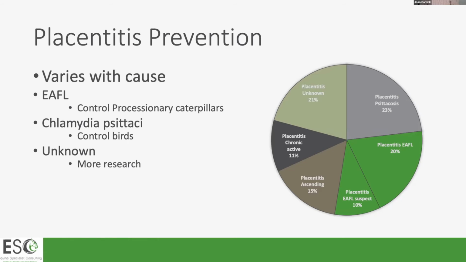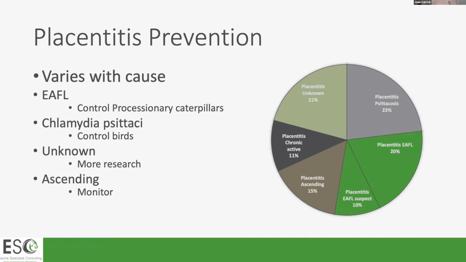The unknown causes, I think as we learn more and do more systematic reviews of the cases that we see, hopefully there'll be fewer unknown cases and we'll have diagnoses. And so we'll be able to put them into categories.